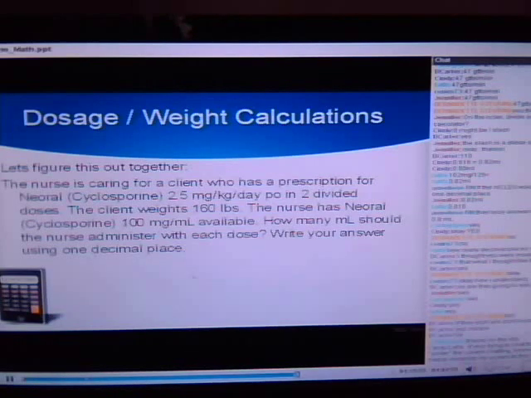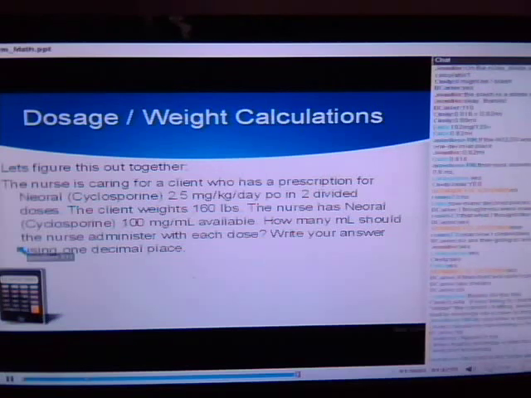Convert what? B, that's brilliant, good. Yes, we convert the pounds. Right. So let's do that first.